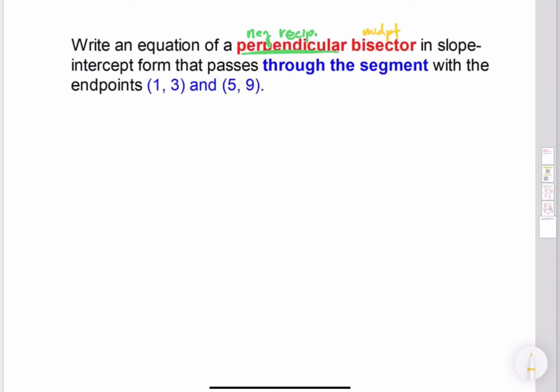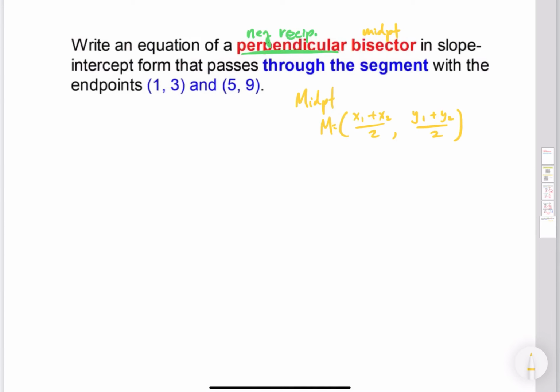So the first thing I'm going to do is go ahead and figure out what is that midpoint. So that midpoint is going to be using the formula m is equal to the average of our x's, so that means x1 plus x2 over 2, and the average of our y's, y1 plus y2 over 2.